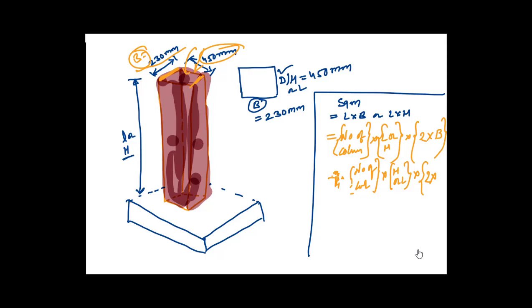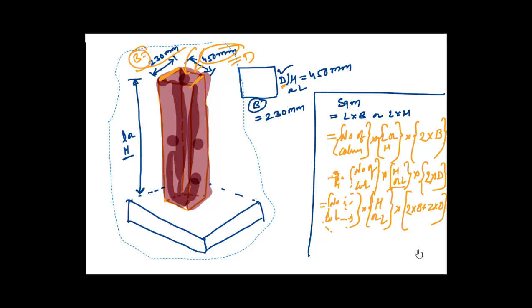This dimension I am considering as D, so I will write here 2 times D. If you take number of columns as common, our final equation becomes number of columns multiplied with L is also common, multiplied with H or L multiplied with 2 times B plus 2 times D. This is our final equation for finding the shuttering quantity of a column when there are no beams intersecting this column.